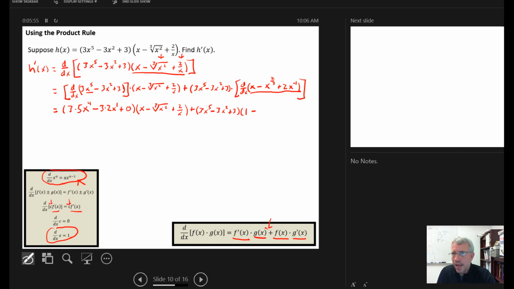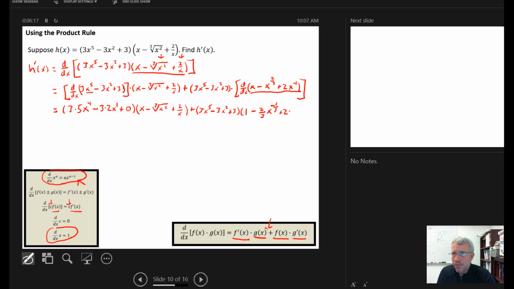I have x to the a form, so pull the exponent down into the coefficient position and subtract 1 from the exponent in the exponent position. So 2/3 minus 1 is negative 1/3, plus a constant multiple of a function will be the constant times the derivative of x to the negative first.